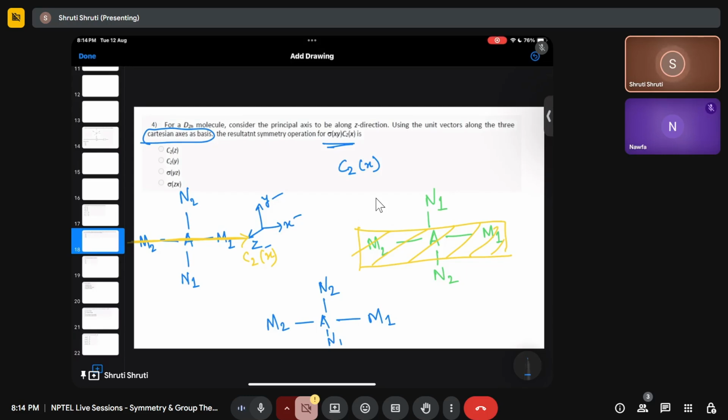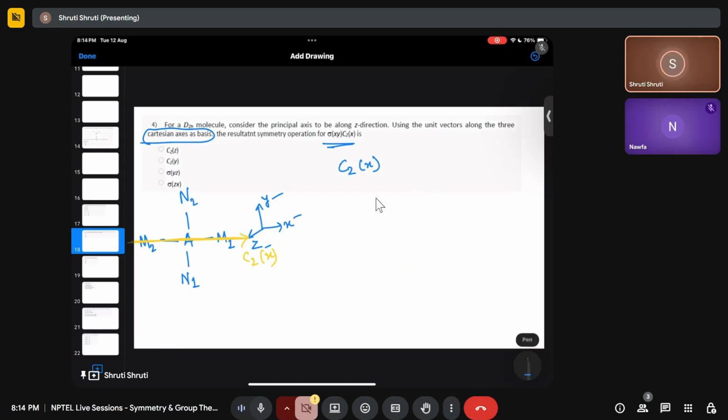Okay, sigma xy is the molecular plane, not this plane. The molecule is planar. This is what I was doing wrong. So this molecule is a planar molecule. So z is on top. The molecule lies in the xy plane. Sigma xy is the molecular plane.